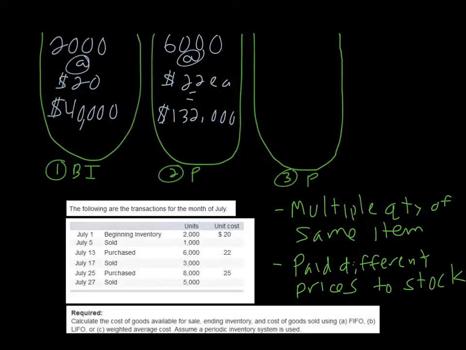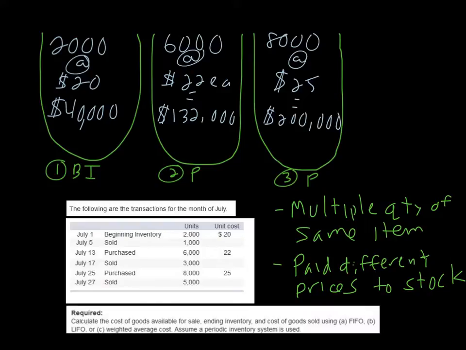So this whole purchase cost me $132,000. And then the third purchase was on July 25th. There's 8,000, and those cost us $25 each. So 8,000 times $25 equals, that's an even number, $200,000.